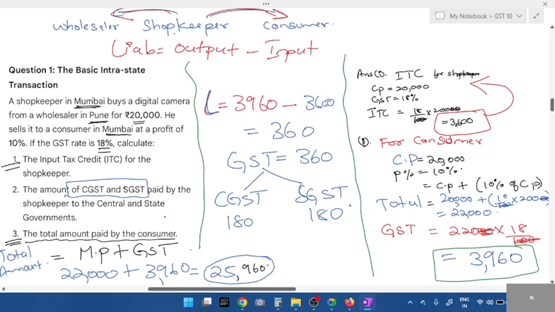In the board exam, they will directly give you all this. They won't confuse the students. They'll directly give the amount of liability paid.